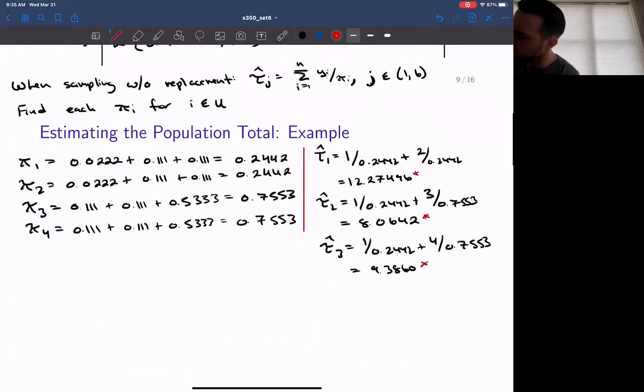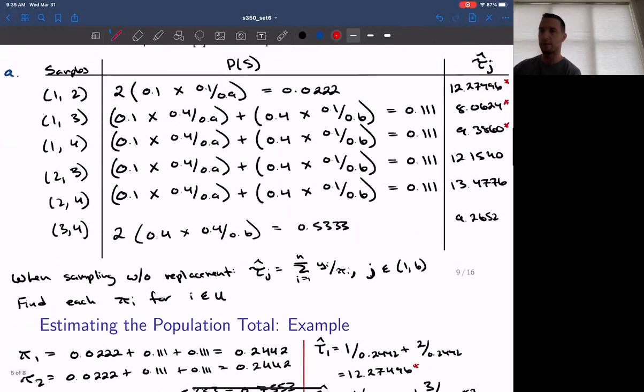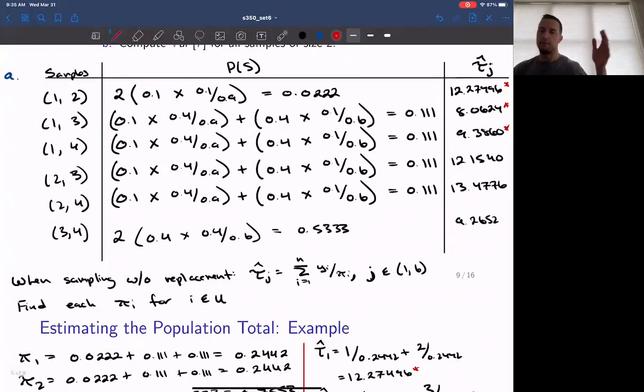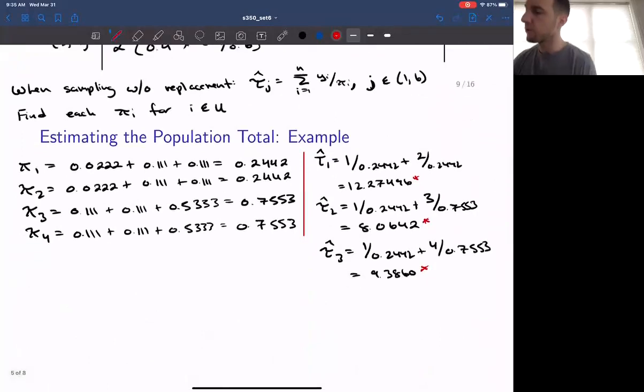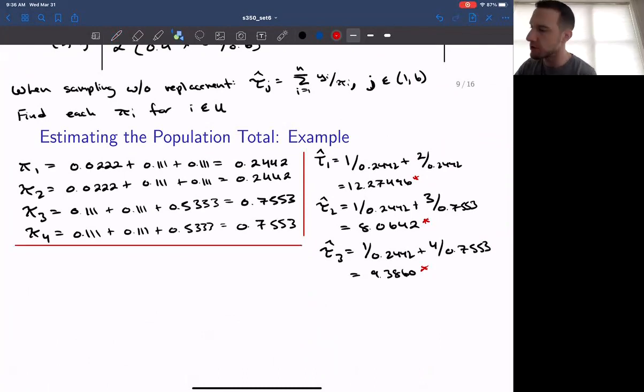Okay, so each of those 6 totals are going to be computed using the same idea that we have below. Value in the sample divided by the corresponding pi for that value. Now, our actual goal here was to show that this thing is unbiased. So going back to the original goal, we want to show that the expected value of tau tilde is equal to tau.